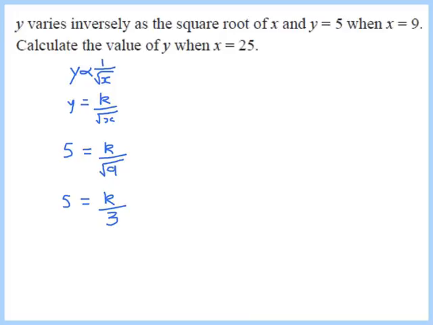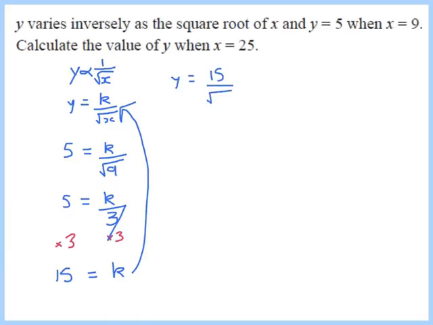Let's get that 3 off the bottom by multiplying both sides by it. That gives me 15 equals, got rid of that fraction, k. So stick that back in my formula and we're nearly ready to go. So y equals 15 over the square root of x. Got the bit I needed, my way to go with any kind of problems that I get asked.